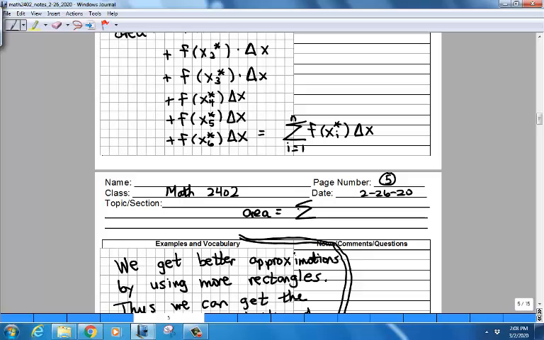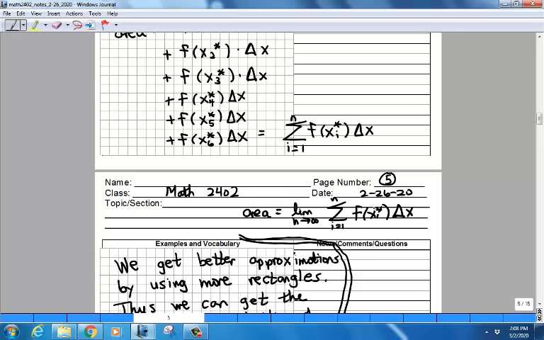So here's our exact value for the area. It's the limit as n approaches infinity of this big sum. That's still a lot to write out.